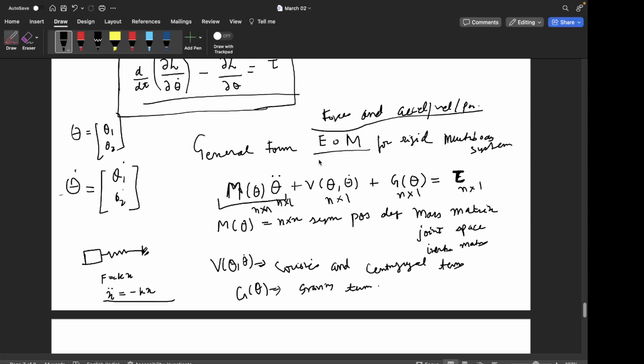Okay. So at this point, we have discussed today two approaches to find the equation of motion for understanding the dynamics of rigid manipulators. One is the Newton-Euler approach, in which there are two steps.